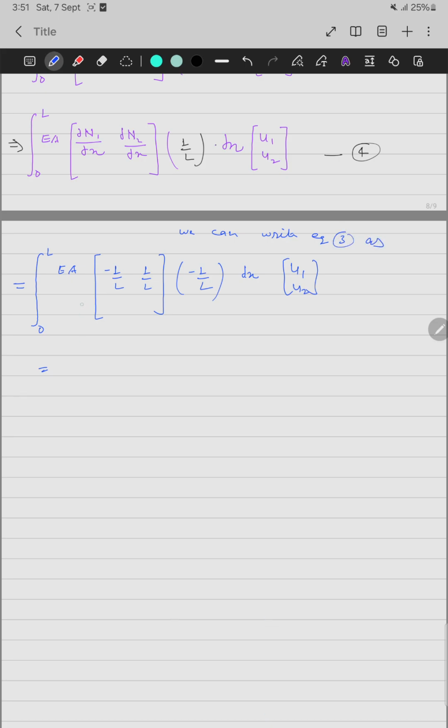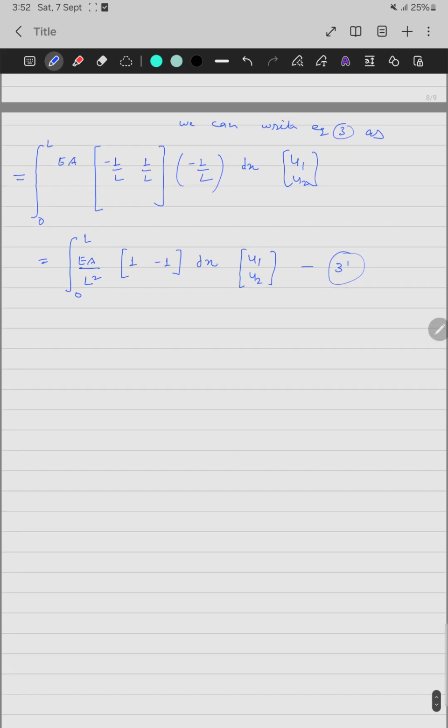Okay, now after rearranging these terms, we will get something like this: EA by L square, and here we will get 1, it will be minus 1, it is dx, u1 u2. Here is our integration from 0 to L. This is for the first equation, let's suppose this is the 3 dash equation.